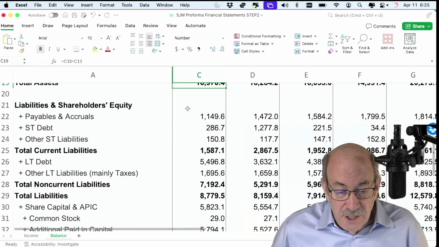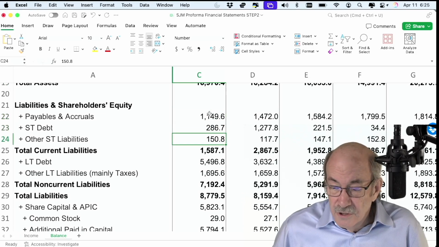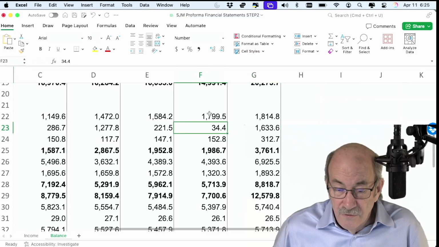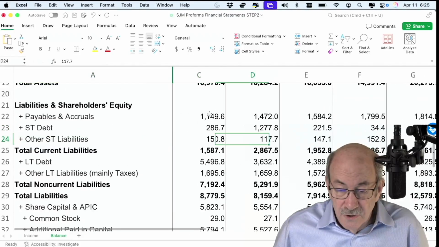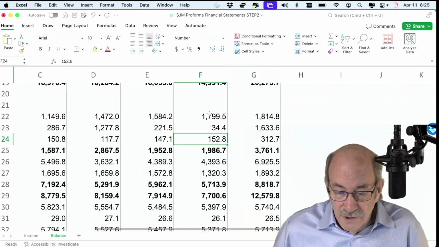You'll notice in the liabilities, we've got payables, we've got short-term debt, and we've got other short-term liabilities. It looks like short-term debt has varied quite a bit over time for this particular company, whereas other short-term liabilities have been relatively modest and at quite low levels.